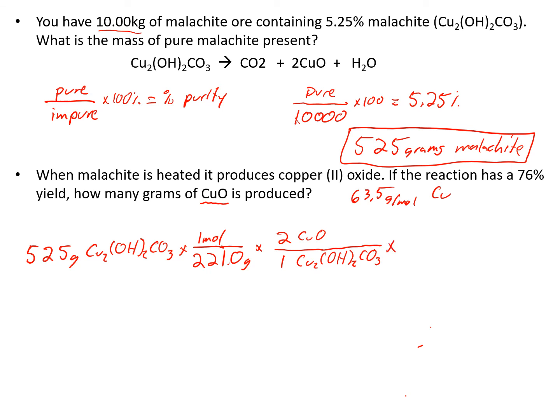Okay, and if I did this calculation, I would have moles of copper 2 oxide, but I don't want moles of copper 2 oxide. I want grams of copper 2 oxide. So I'm going to go molar mass of copper 2 oxide is 79.5.